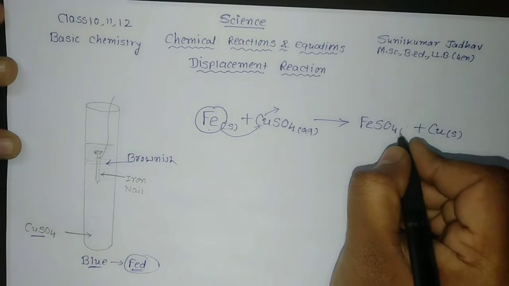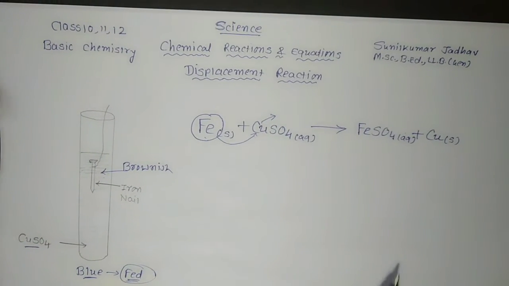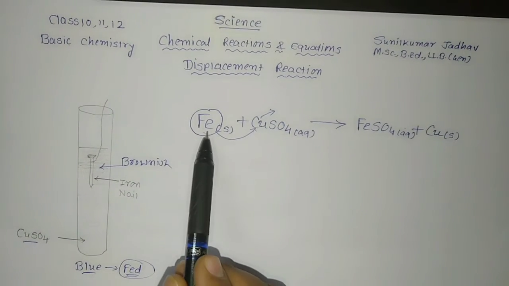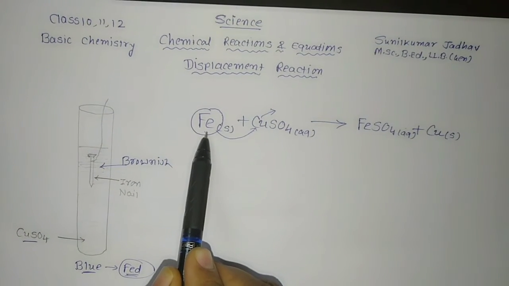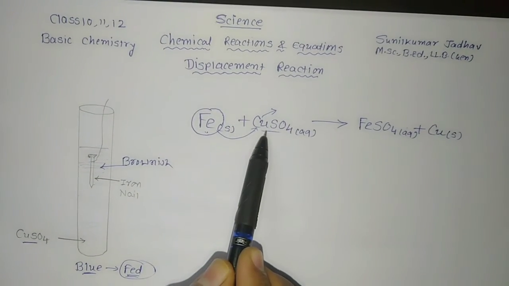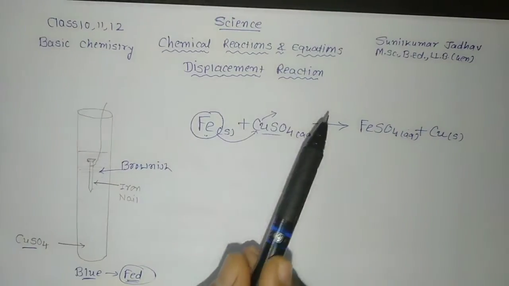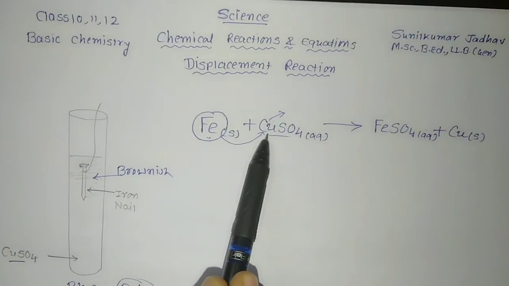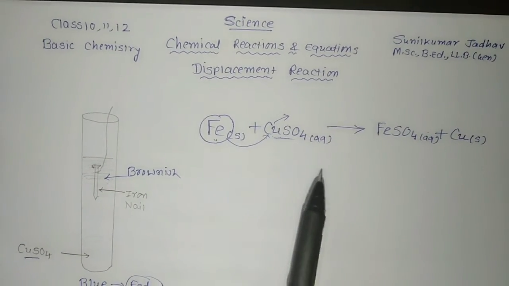This is what remains in the aqueous solution, and this copper is displaced. Hence this kind of reaction in which one atom or molecule displaces another atom or molecule from the compound is called a displacement reaction. It displaces this one, it has removed it and this takes place of it, so it is called displacement reaction.